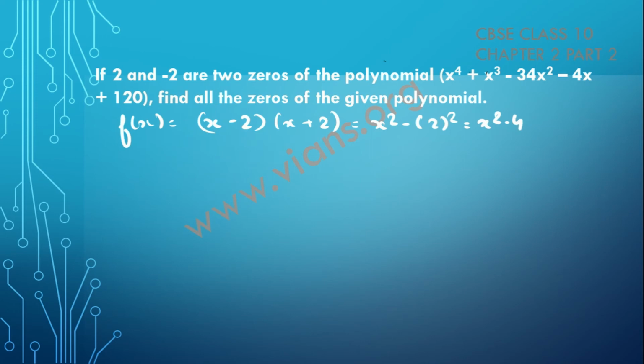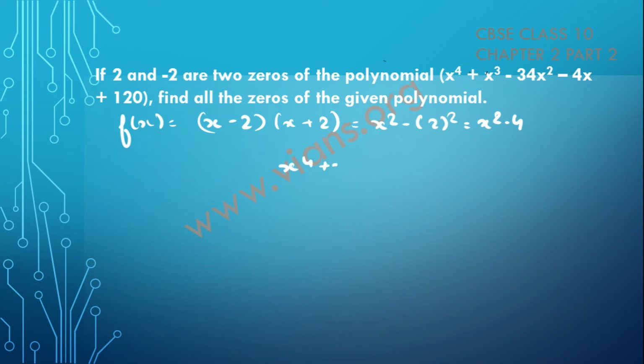Now since x square minus 4 is a factor of this, when I divide this dividend by x square minus 4, I will get a quotient, and the zeros of that quotient will also be zeros of this particular dividend. So now let's convert this into a simpler quadratic polynomial, because when I divide this, I'll get only a quadratic polynomial.